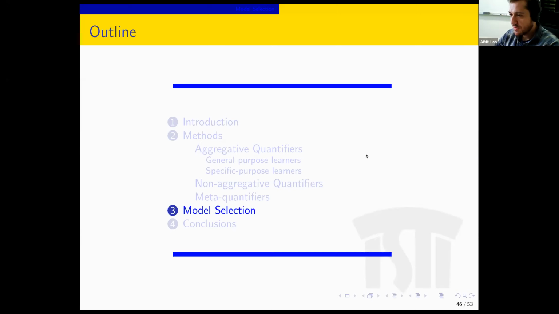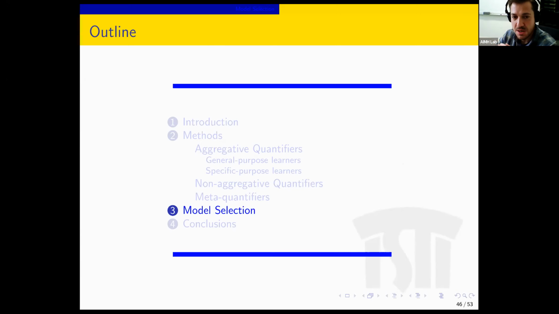Okay, so good morning to everyone. This is the last session of this tutorial on learning to quantify. Before getting started, what I wanted to show you today is a brief overview of QuaPy, a quantification software that we have developed ourselves.